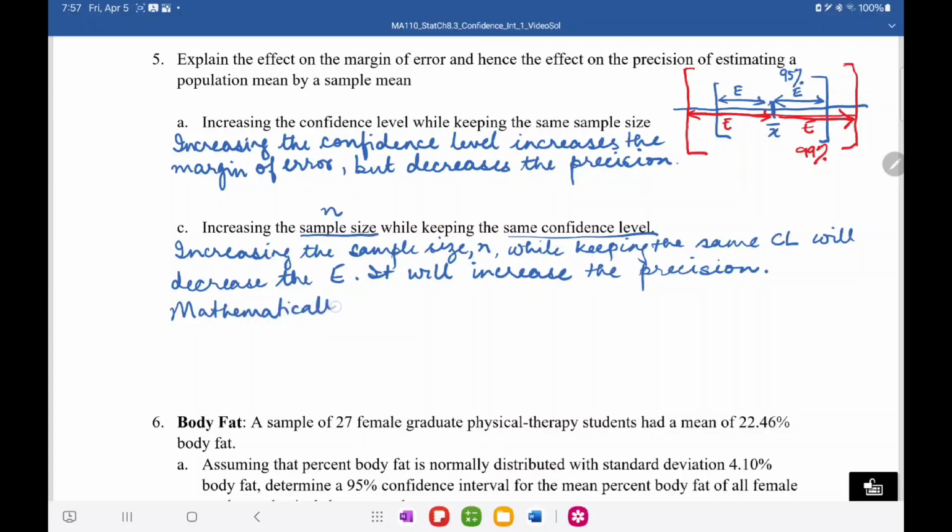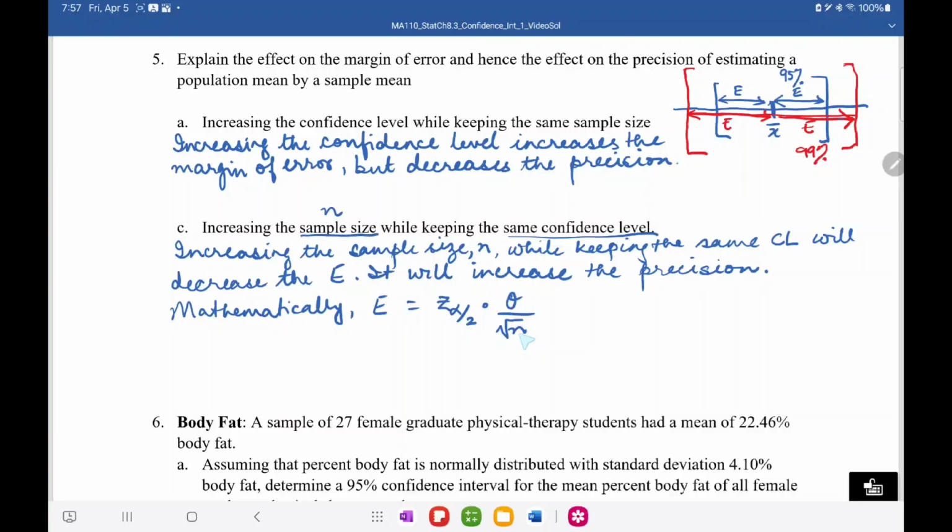The formula, okay, what is the formula for E? The formula for E is Z of alpha by 2 multiplied by sigma over square root of n, correct? This is the formula for the margin of error, which we add and subtract to the sample mean. Now, think about it.